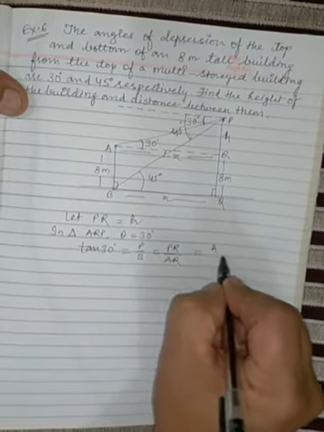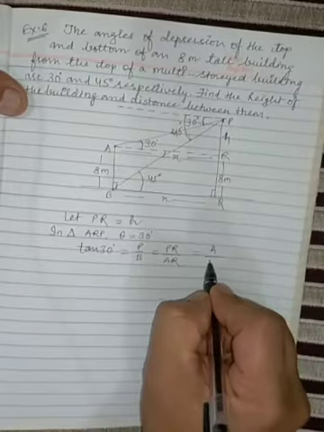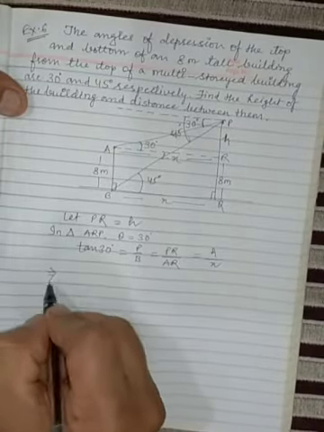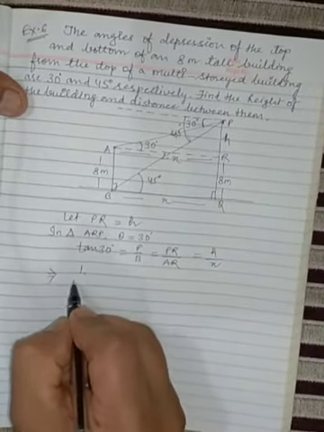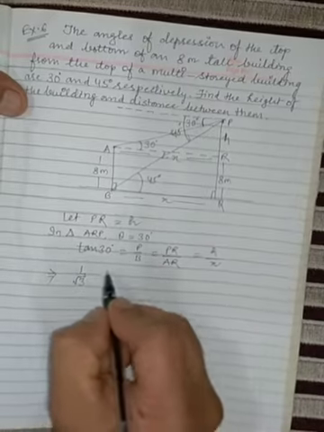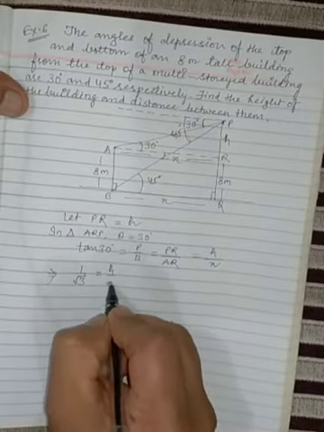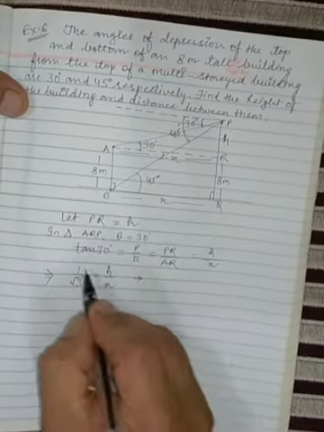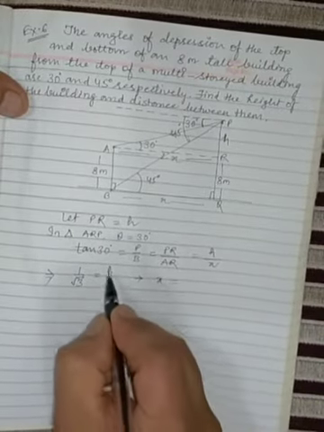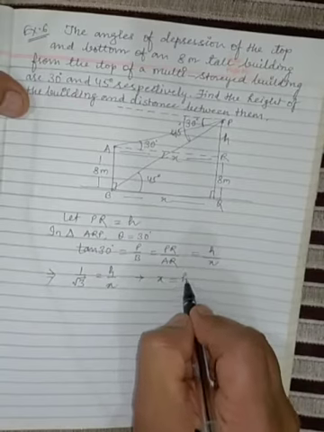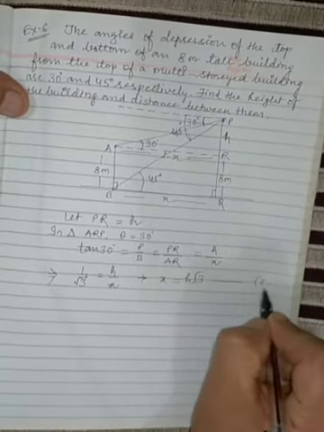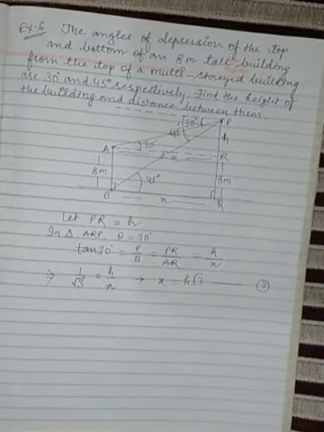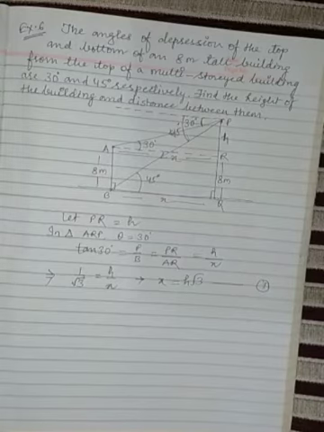PR is equal to H and AR is equal to X. So tan 30 degree, which is 1 upon root 3, is equal to H upon X. That means by cross multiply, X into 1, X is equal to H into root 3. Let this be equation number 1. This relation will be useful in second triangle.